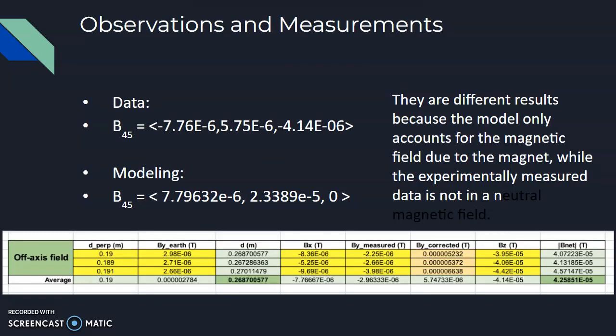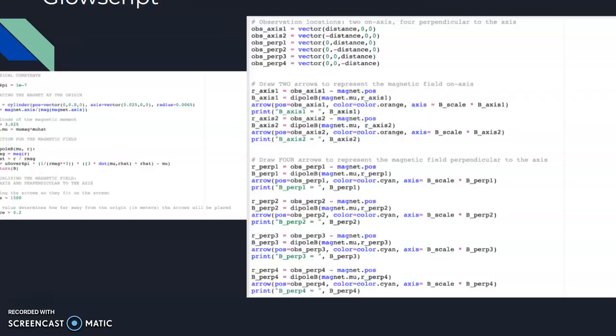And these are the data that I collected. They're only different results because the model only accounts for the field due to the magnet, while the experiment is being affected by other things as well.